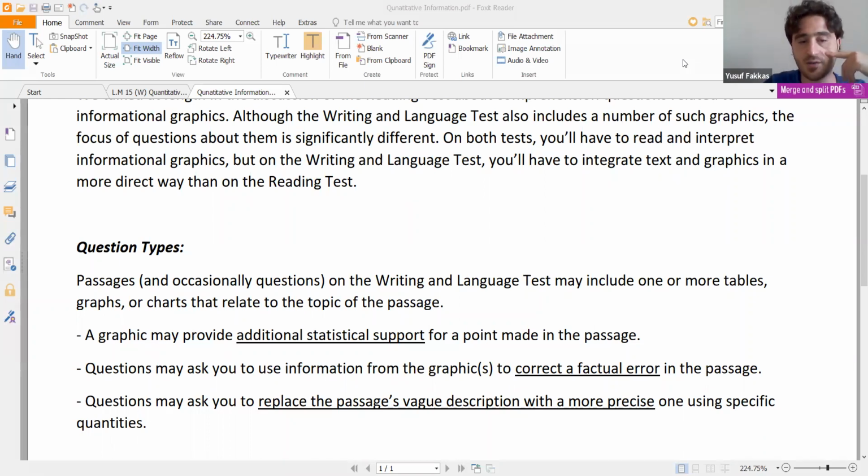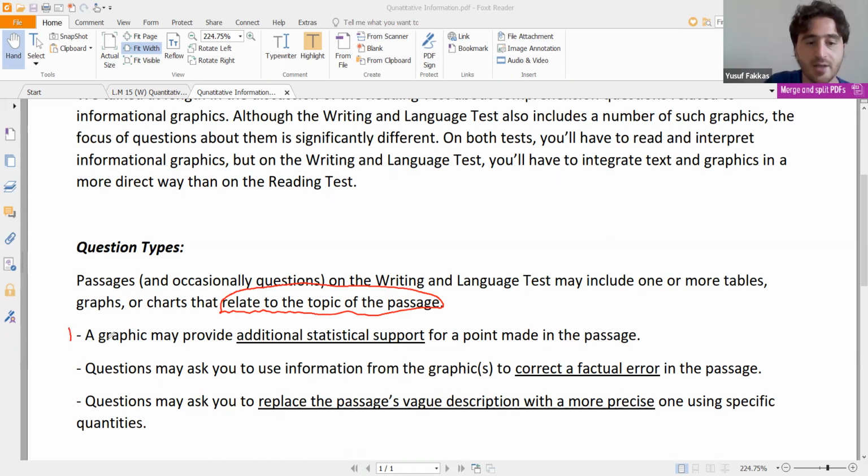So passages and questions on the writing language test may include 1 or more tables, graphs or charts that relate to the topic of the passage, okay? They are used to support the passage. So we have 3 different types of questions when it comes to graphics in the writing test, okay?